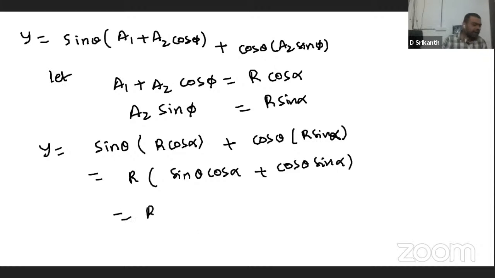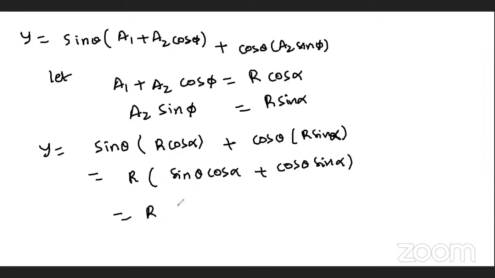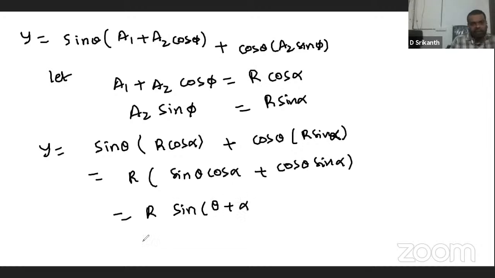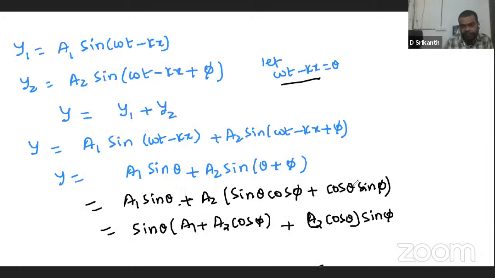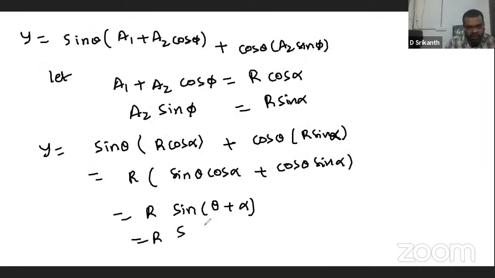Sin of theta plus alpha. Theta means I consider it as omega t minus kx. So r into sin of omega t minus kx plus alpha. So if we combine or superpose two light waves, again the resultant wave will also be in the same form.